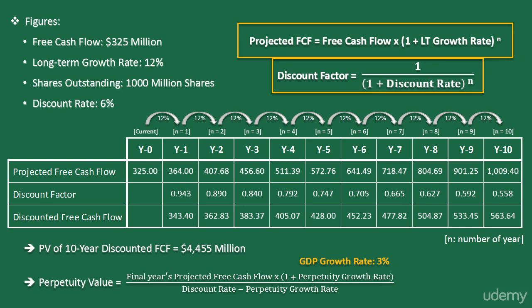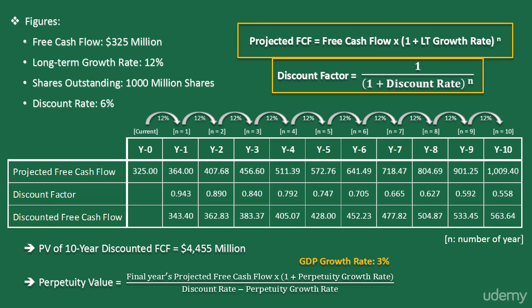The reason for using the GDP growth rate is because, even though the stock that you're looking to invest in may potentially grow by 12% every year, there's no guarantee that it will keep growing by 12% forever. Logically, a business probably won't be able to keep growing faster than the economy forever. So, we'll assume that over the long term, this business can grow at the same pace of the economy.